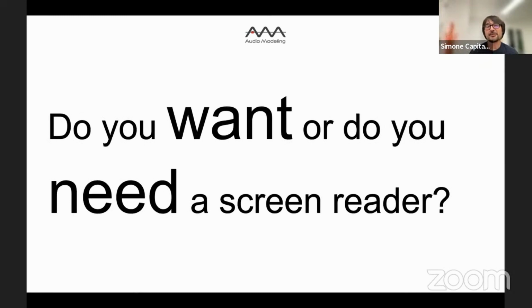And what I would like to discuss is the experience that we had introducing the compatibility of our products with screen readers. And the question here is, do you want to use a screen reader, or do you need to use a screen reader?